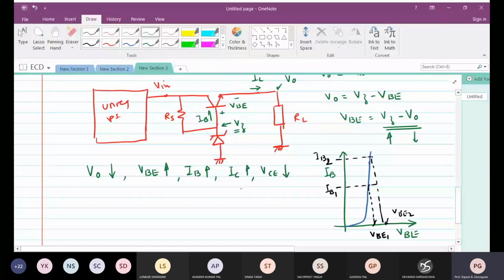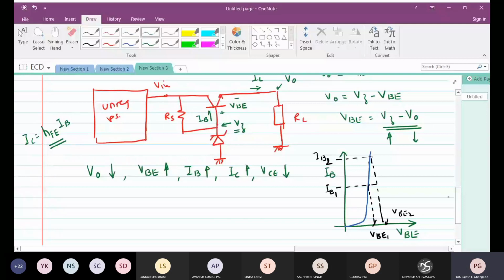Got it? Are you able to understand this? IB increases means IC also increases, no? Because IC is HFE times IB. Mark this properly. This is the DC beta, HFE, capital F, capital E.